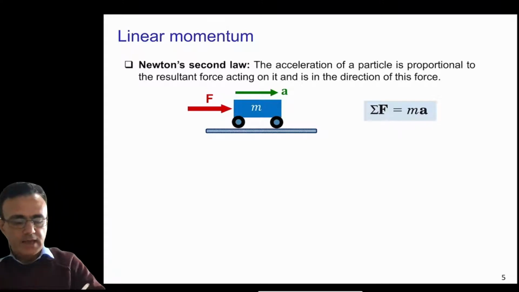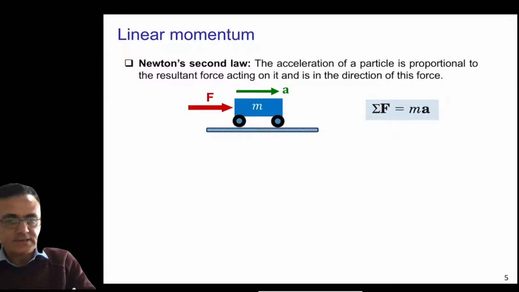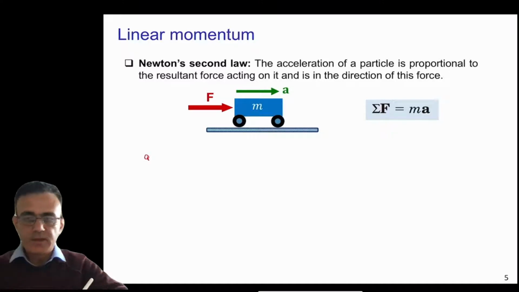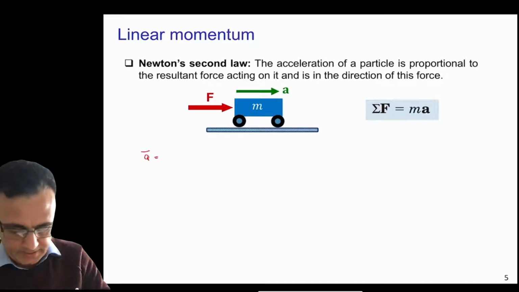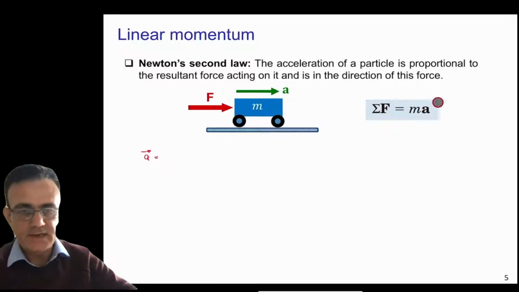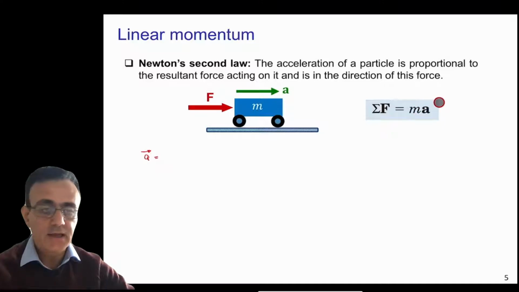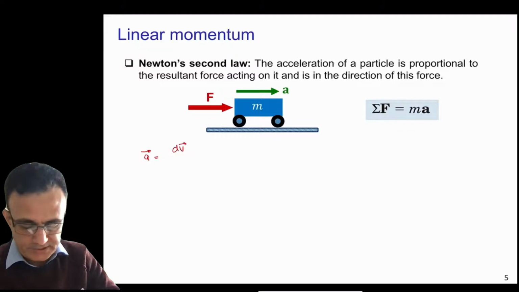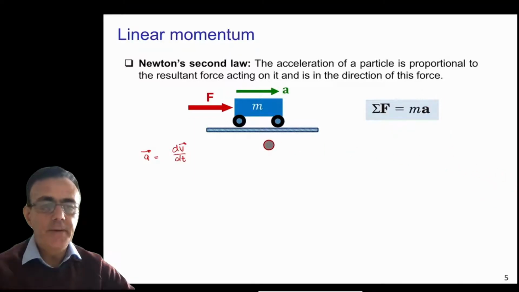As you know, acceleration is a vector and it is equal to dv by dt, the rate of change of velocity.